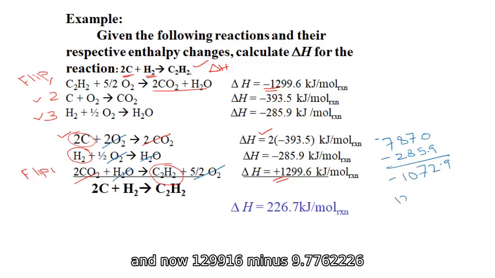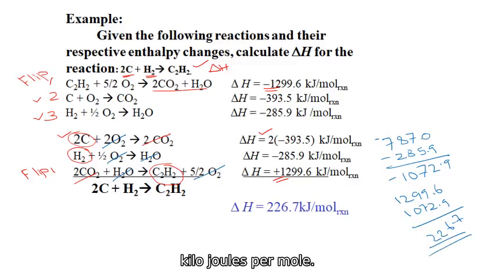And now 1299.6 minus 787.6 gives 226.7 kilojoules per mole. These are the different methods of calculating delta H values.